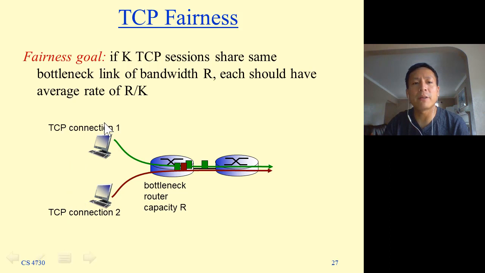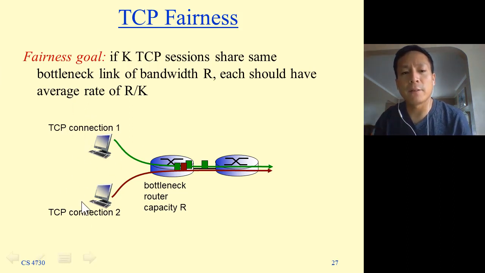That's our design goal, right? So everyone should approximately get an R over K share. So that's the goal that we want to achieve by designing TCP to make sure everybody gets a fair share.